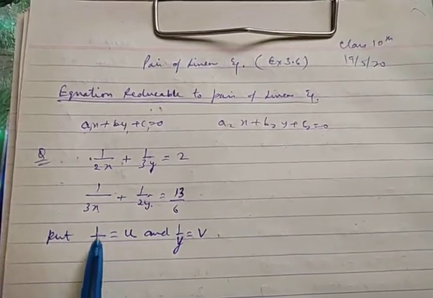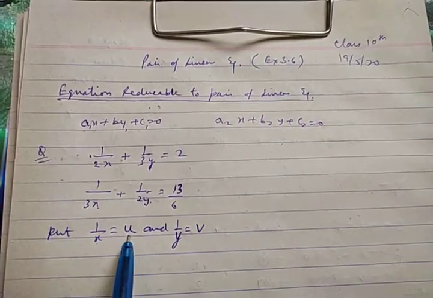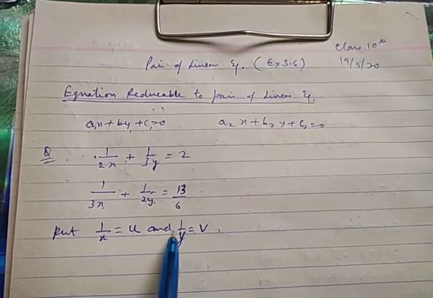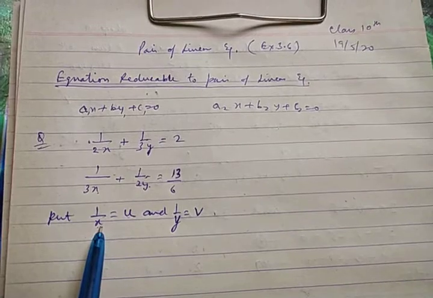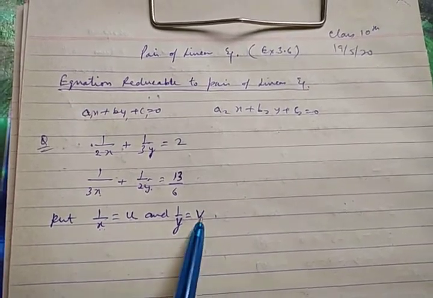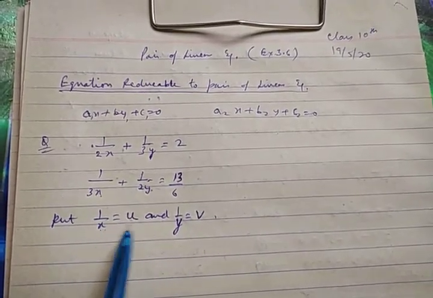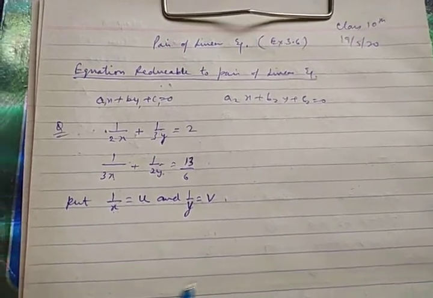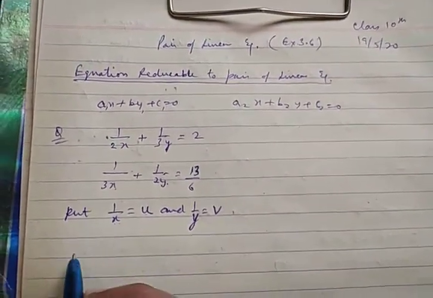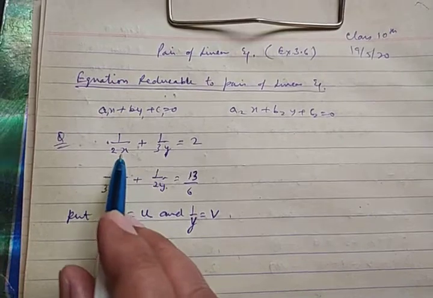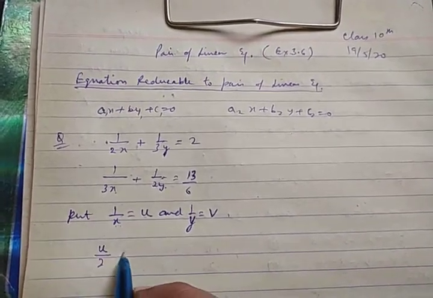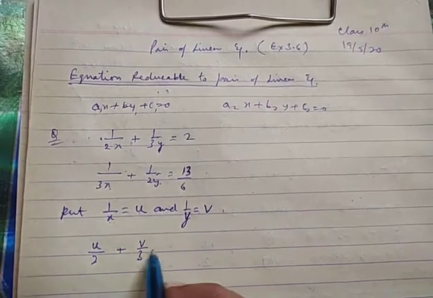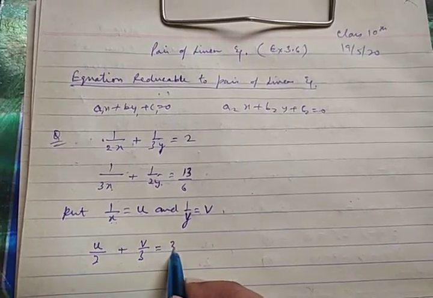It means your equation will be converted into the new variables u and v with respect to 1 upon x and 1 upon y. Let us see what change will come. The first equation will reduce to u upon 2 plus v upon 3 is equal to 2.